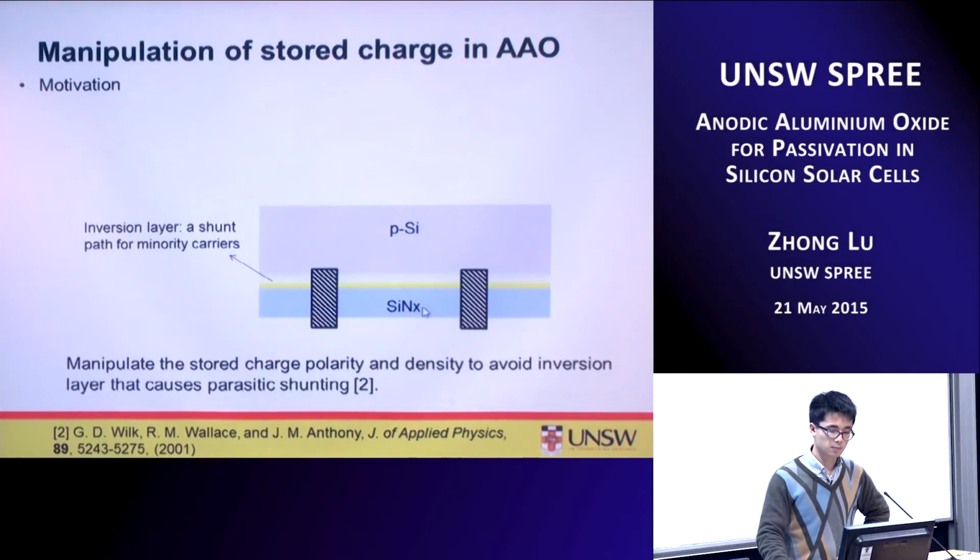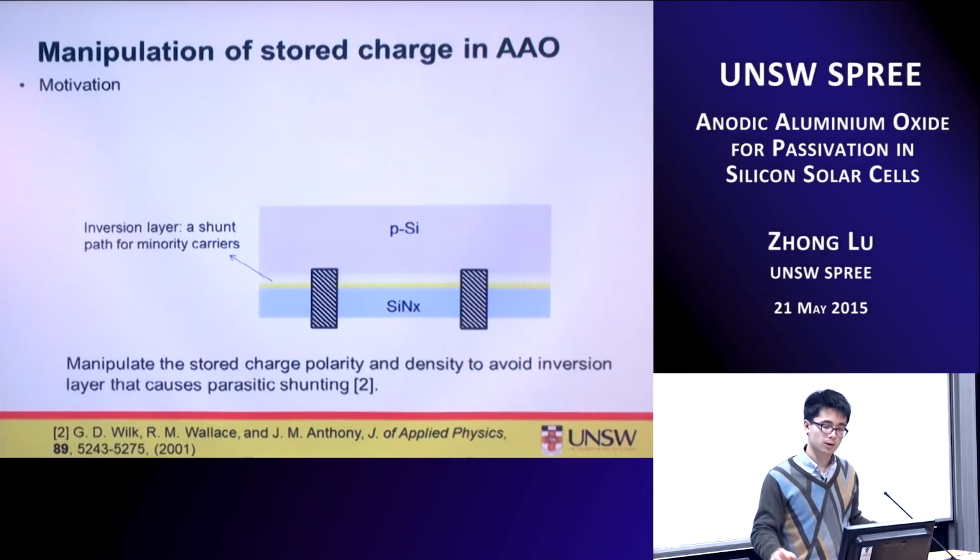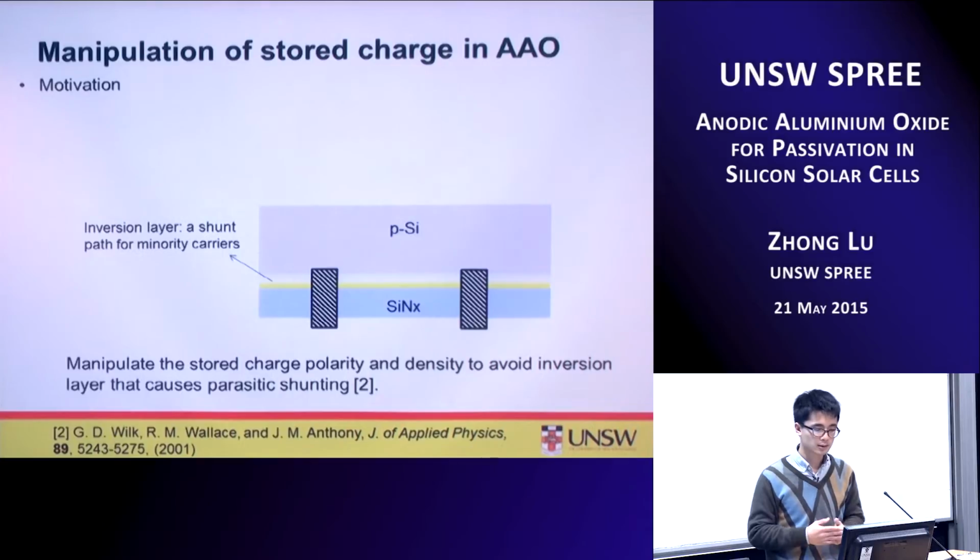The problem is that the silicon nitride stores a positive charge, which is the same as the AO, and it will attract the minority carrier to the surface just underneath the dielectric. There is an inversion layer, and this inversion layer would act as a shunting path for the minority carrier, so it would reduce the device voltage, so it's really bad.